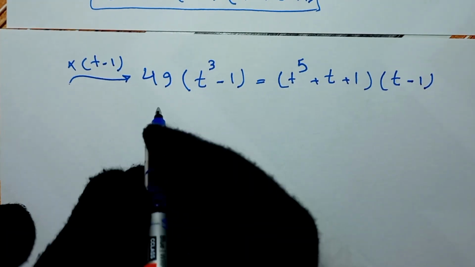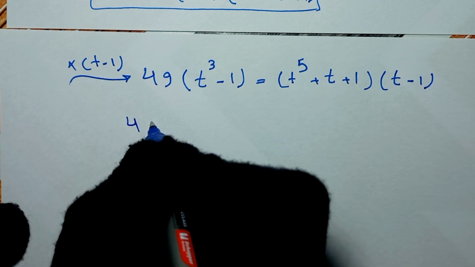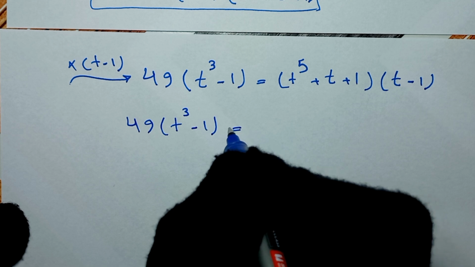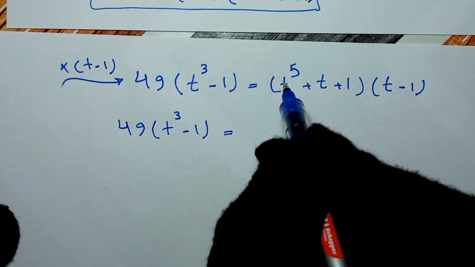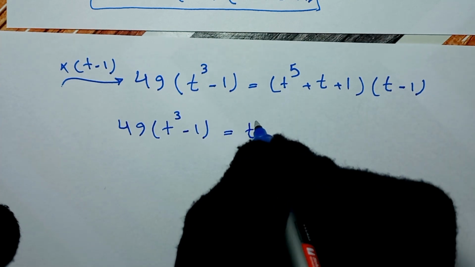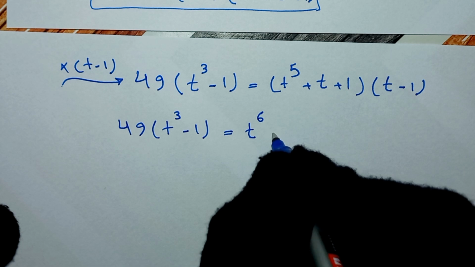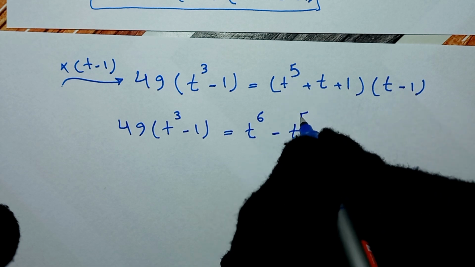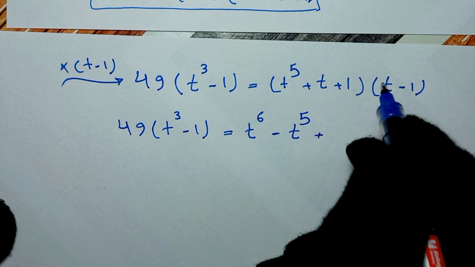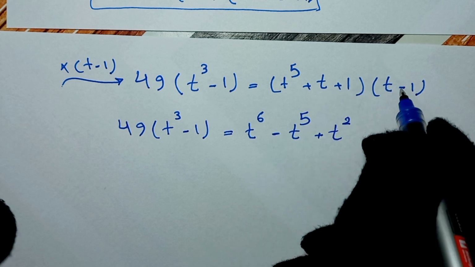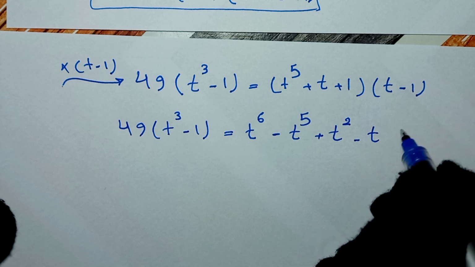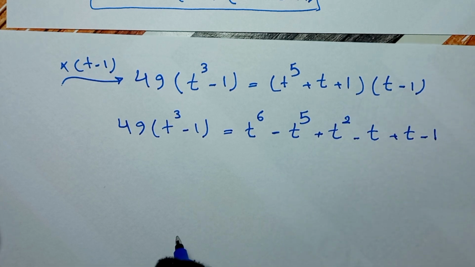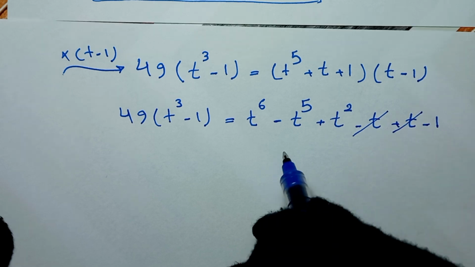And it will be 49 times t cube minus 1 is equal to t to power of 5 times t, it will be t to power of 6 minus t to power of 5 times negative 1, it will be t to power of 5 and plus this times t, it will be t square and minus t, 1 times t, it will be t and minus 1.